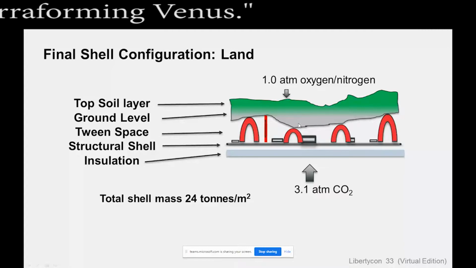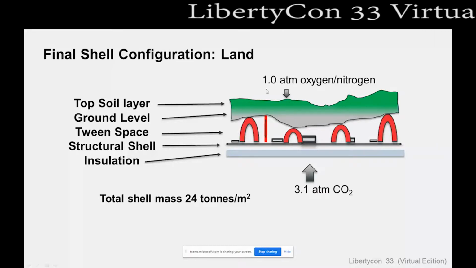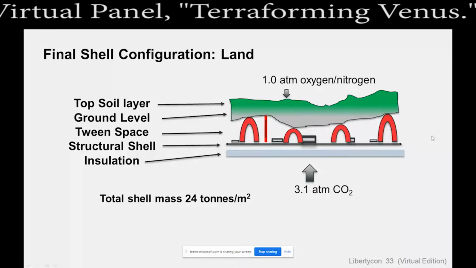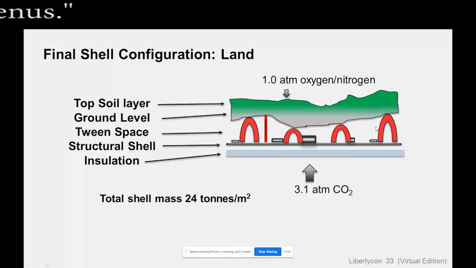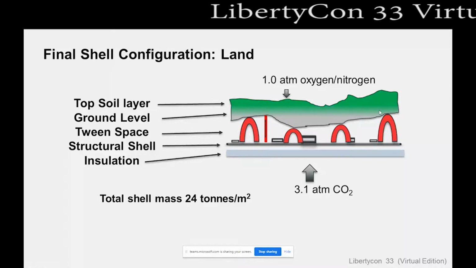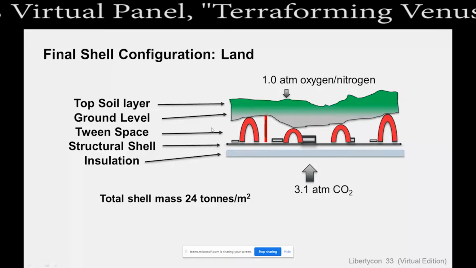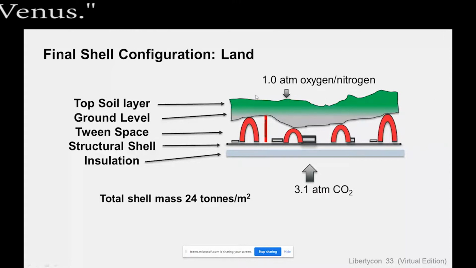And here's where we put our ground level, rocks, dirt, and this is going to be the top layer of soil, which is where our biosphere is going to be based. This tween space here could be very useful for transportation, energy production, utilities, industrial production, storage, and again, transportation. All of that is stuff that we can put in this tween space, allowing the actual surface to be more of a garden.